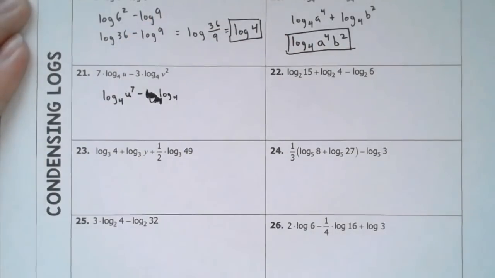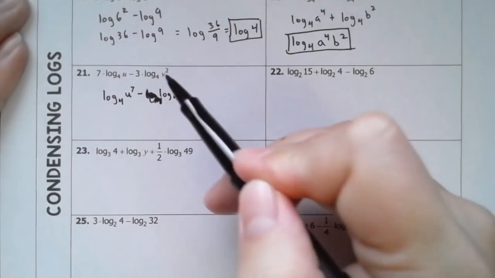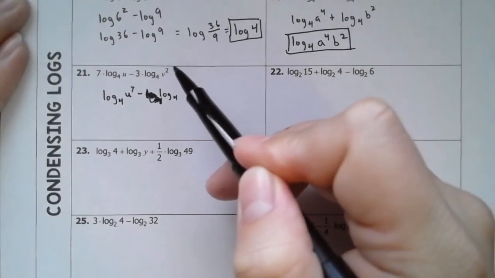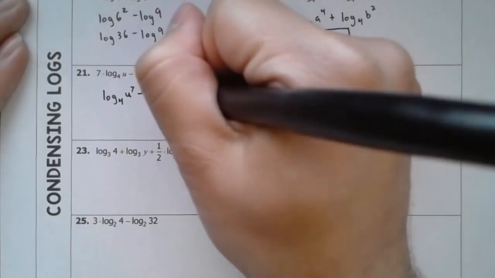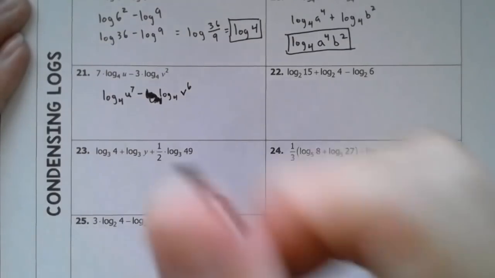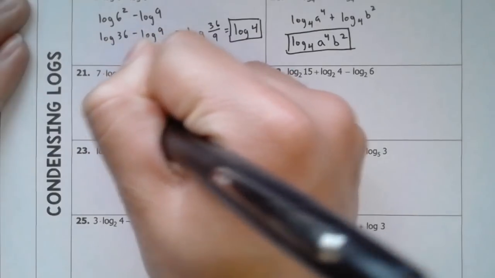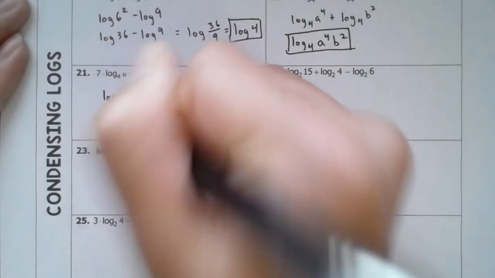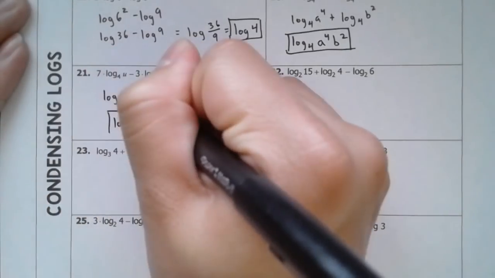I have v squared, and if I move the 3 as the exponent, I get 2 times 3 in the exponent, so this is v to the 6. Then I have subtraction, so I can rewrite this as a quotient, so u to the 7 over v to the 6, and then I can't simplify anything further from there, so I'm done.